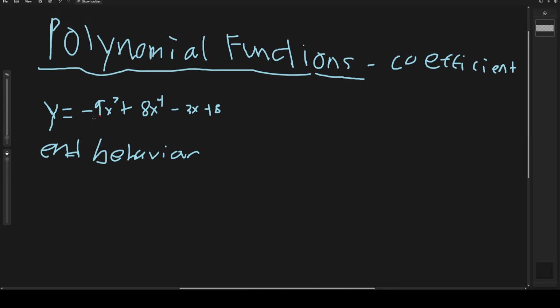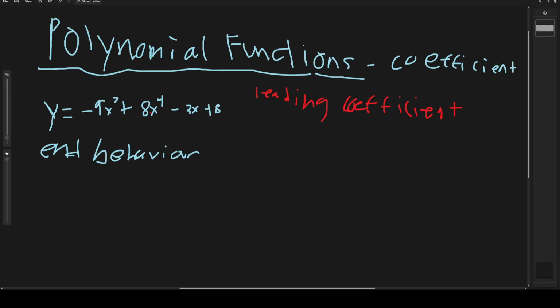What we're going to have to do is look at something called the leading coefficient. And what is that? Basically, it's the coefficient of the x that has the highest power.